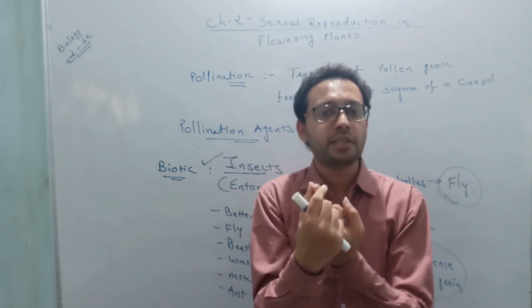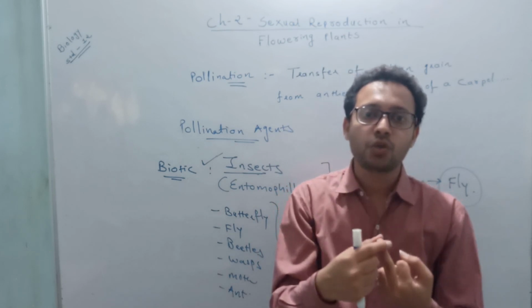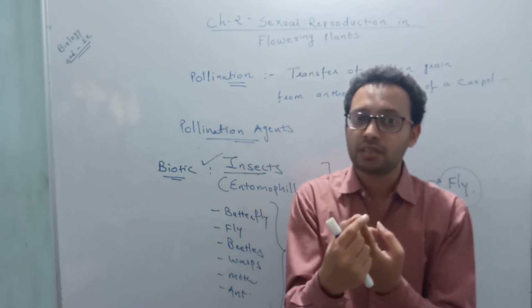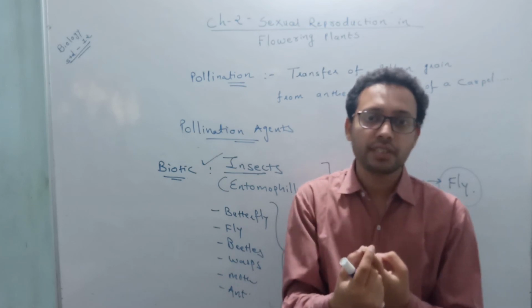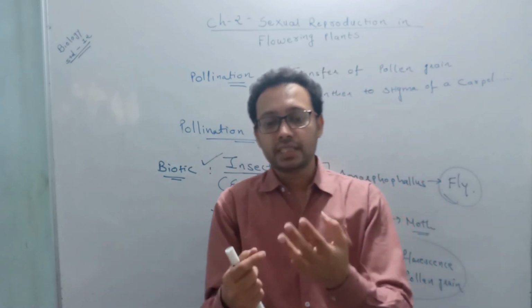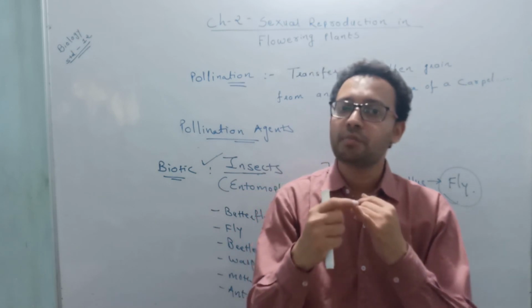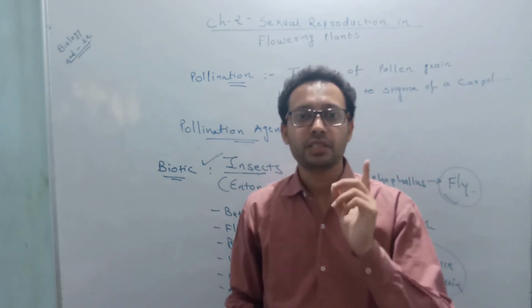Which plants are pollinated by wind? Maize and coconut. Which plants are pollinated by water? Hydrilla, Vallisneria and Zostera. Next, pollination by animals is called zoophily and pollination by insects is called entomophily. These are the types of biotic pollination agents.